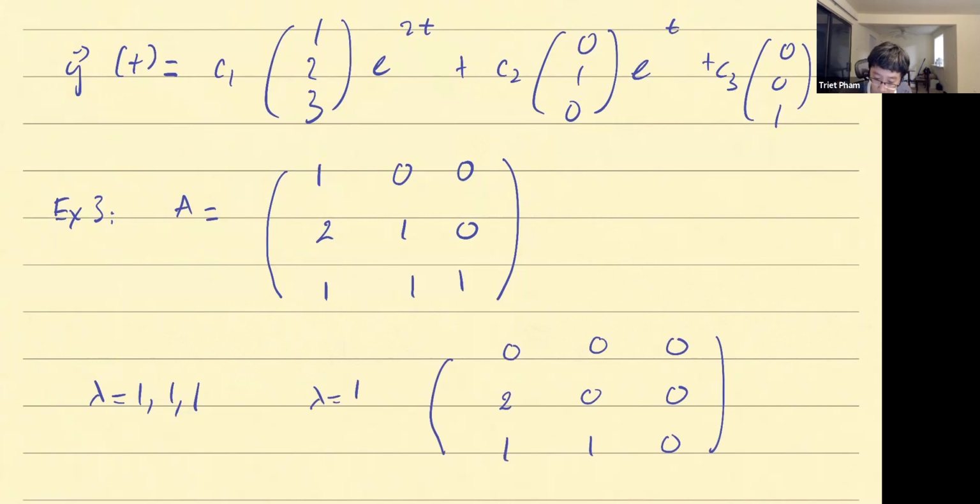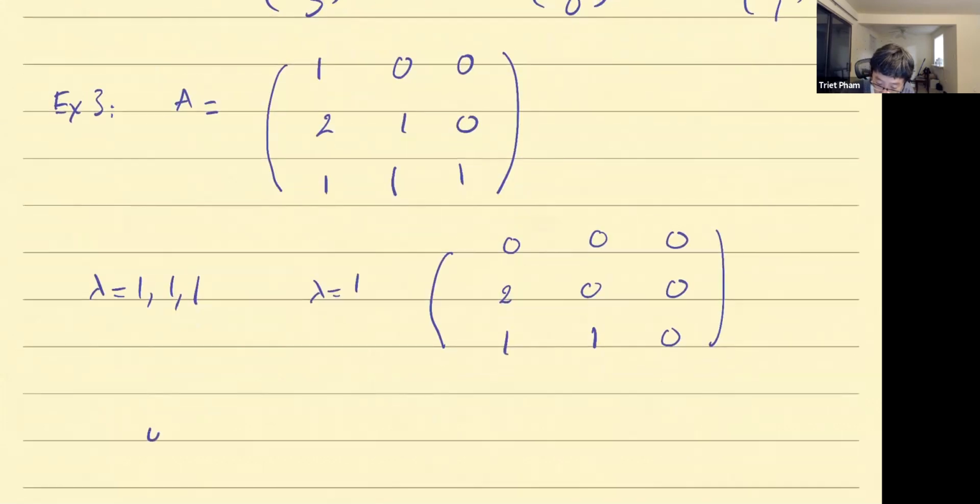Maybe let me do this first. No, it's fine, this is what I want. Sorry, I apologize. So first of all, how many eigenvectors do we have here? Yep, exactly, this is exactly Nam's question. We only have one eigenvector.